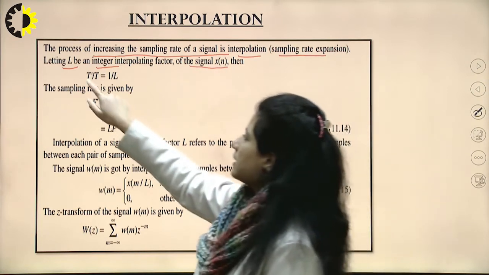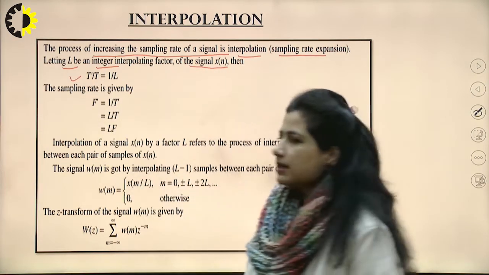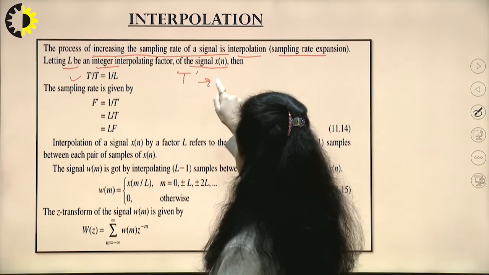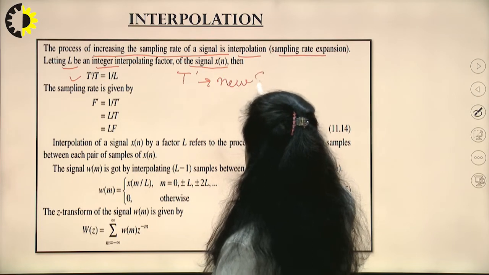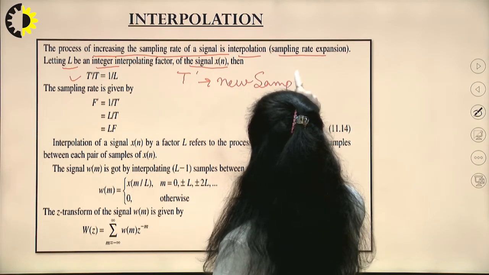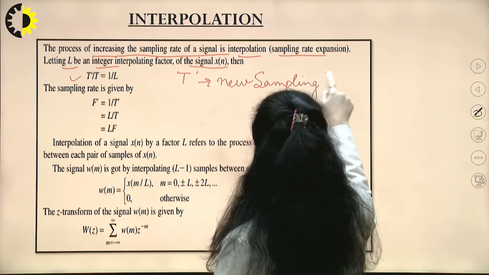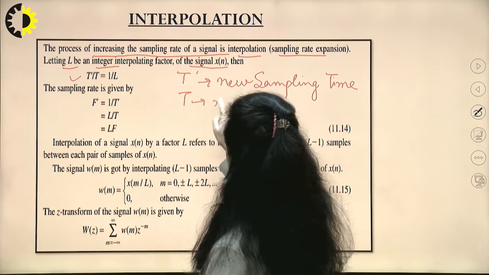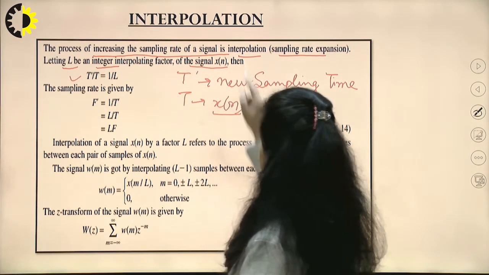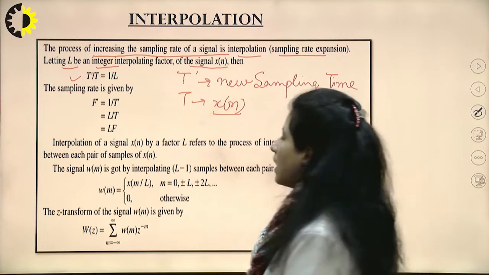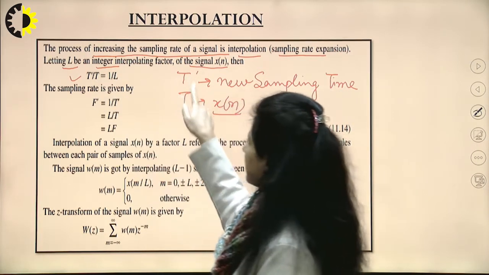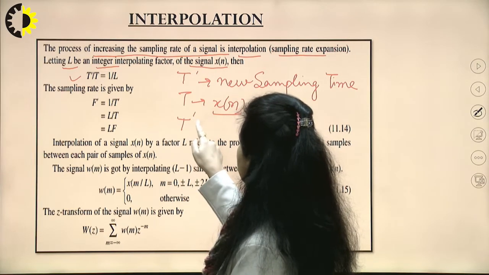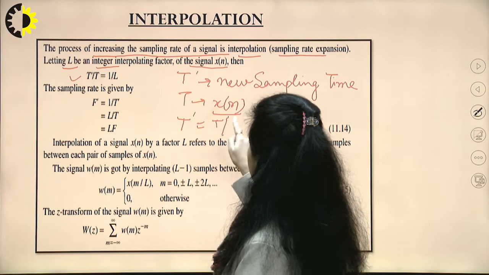The ratio T' by T is 1 by L. This T' is the new sampling period which I desire, and T was the sampling time corresponding to the sampling rate at which the given signal x[n] was obtained. So the ratio T' by T is 1 by L, or in a simple way, T' is equal to T by L.